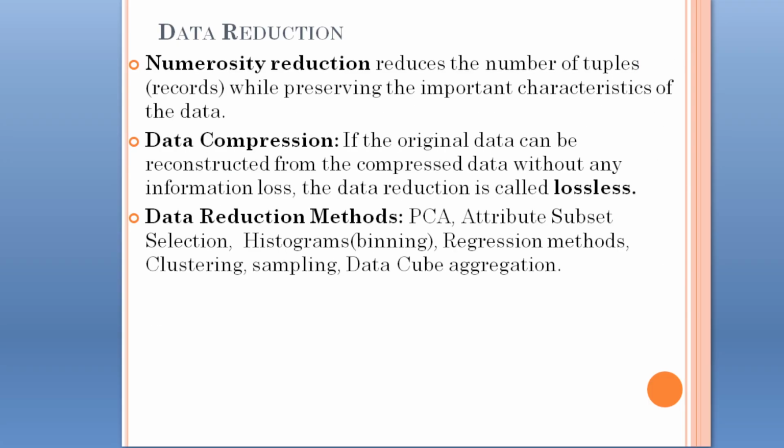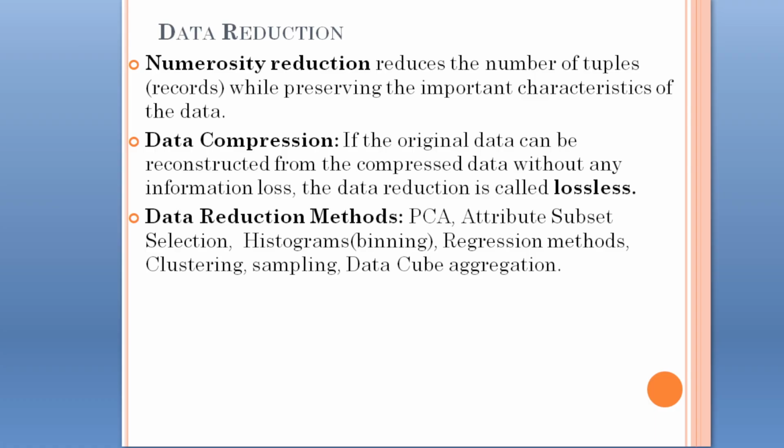Next is numerosity reduction. Numerosity reduction reduces the number of tuples while preserving the important characteristics of the data. In numerosity reduction, the data are replaced by alternative, smaller representations using parametric models. In data compression, transformations are applied so as to obtain a reduced or compressed representation of the original data.